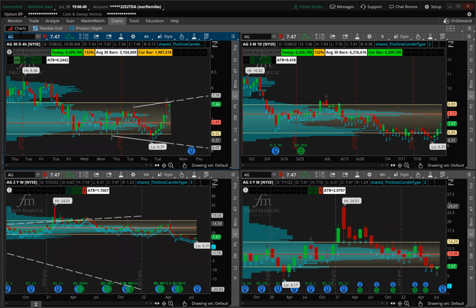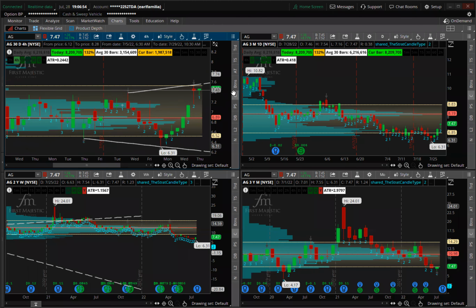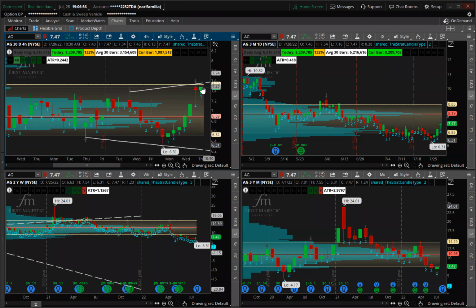All right, what is this? AG, First Majestic. Oh, silver. Inside 4-hour hammer. 212 on the 4 hour above $7.47. Looks solid.